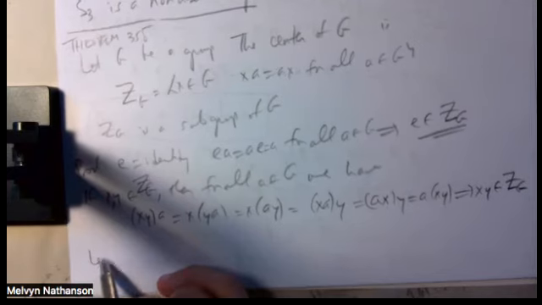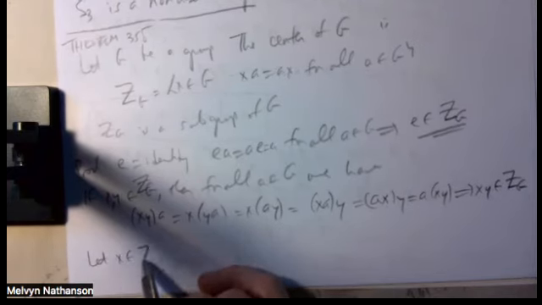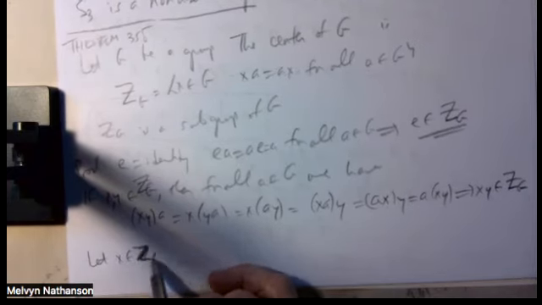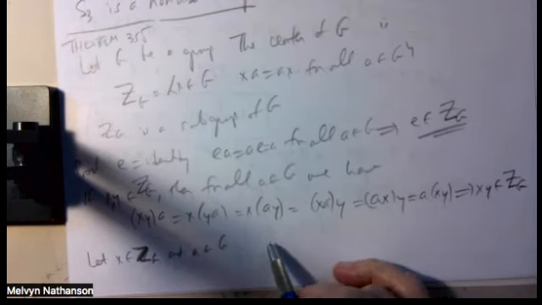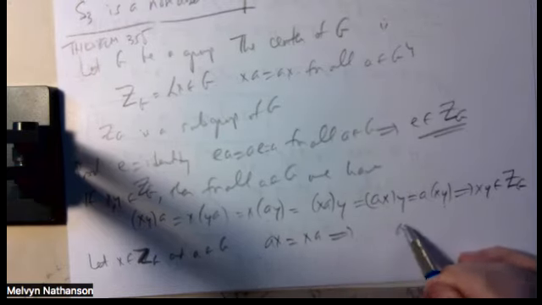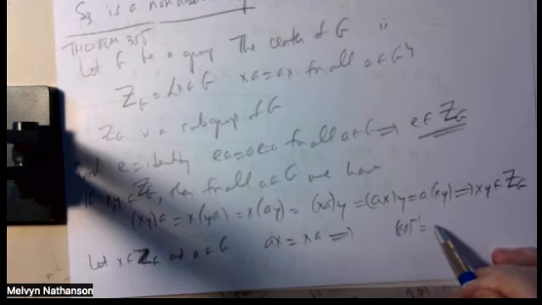So the center is closed under multiplication. And finally, let x be in the center and a be any element of the group. We know that ax equals xa because x is in the center. So if two elements are equal, their inverses are equal.